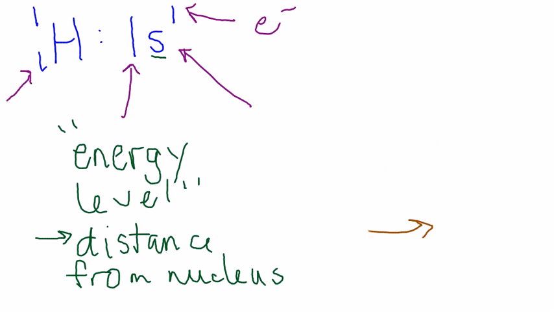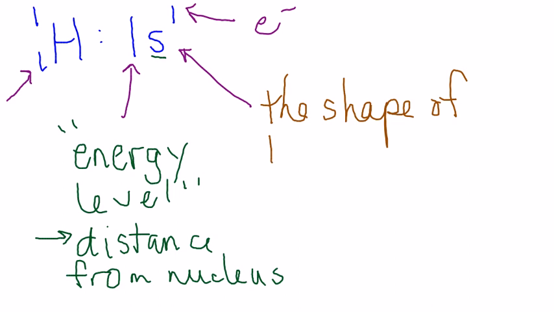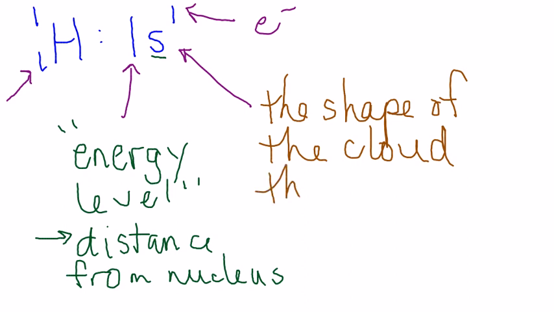You can just say where it is most of the time. This letter here tells us the shape of the cloud. Now when I say cloud, that's a 3-dimensional area. So it's the shape of the cloud the electron is in most of the time.